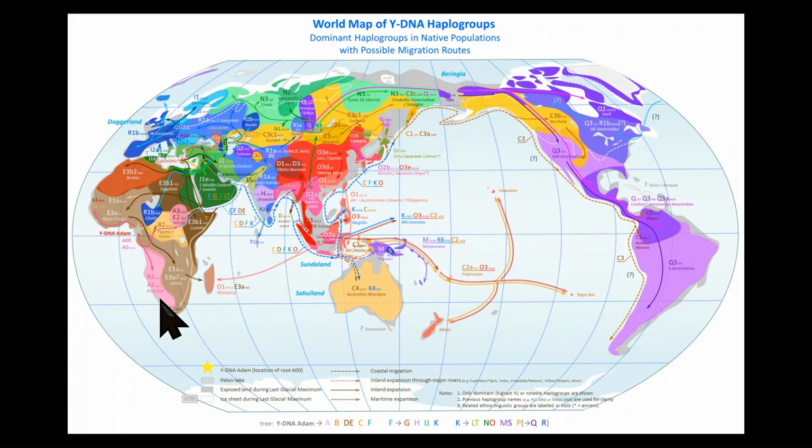So the Sand People, this supposed haplogroup origin of all modern humans, is not present as an ancestor should be present. You see, it didn't spread out of Africa.